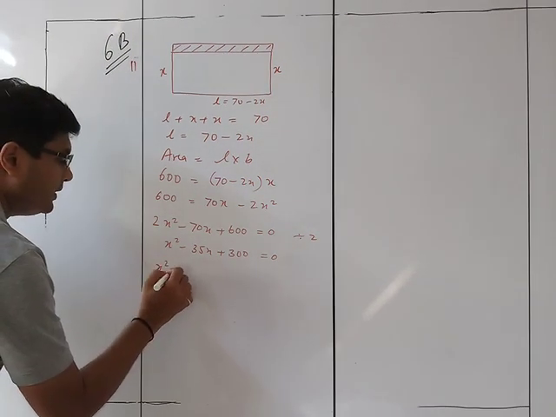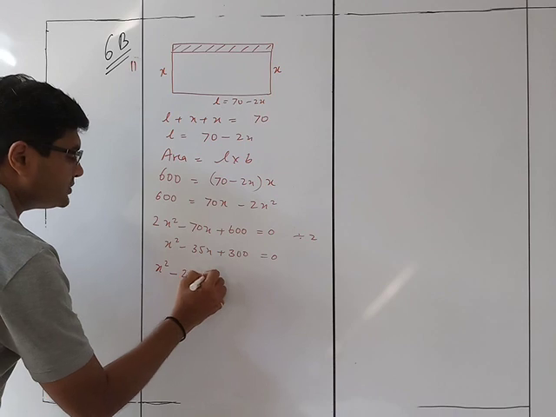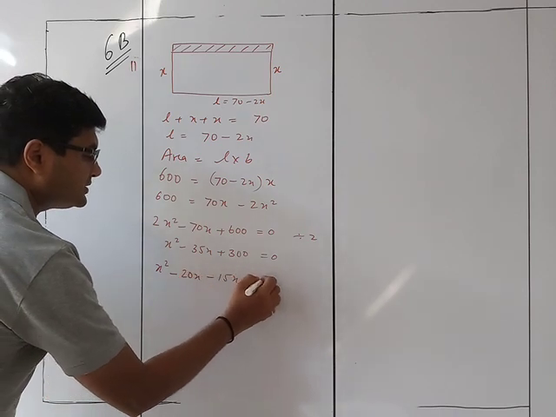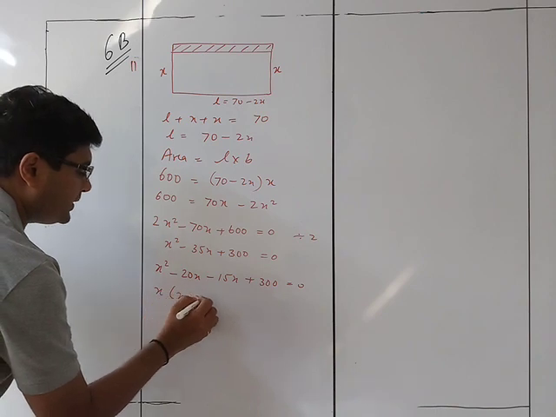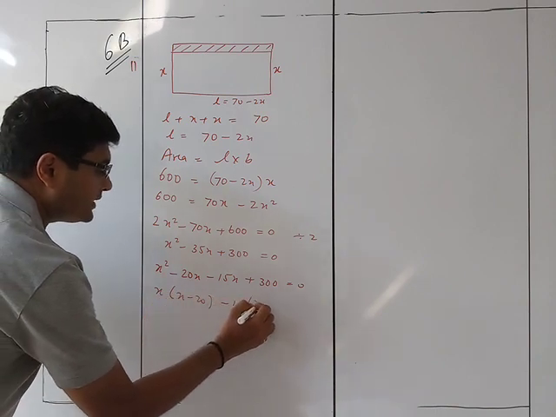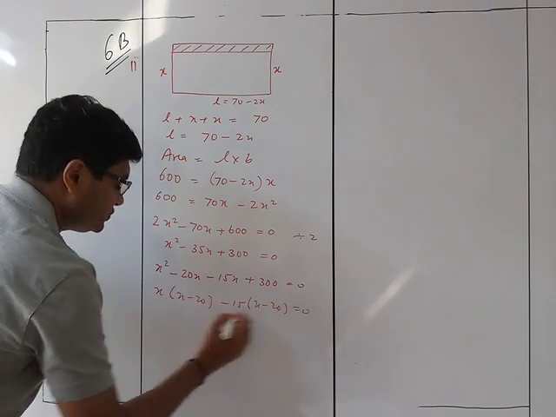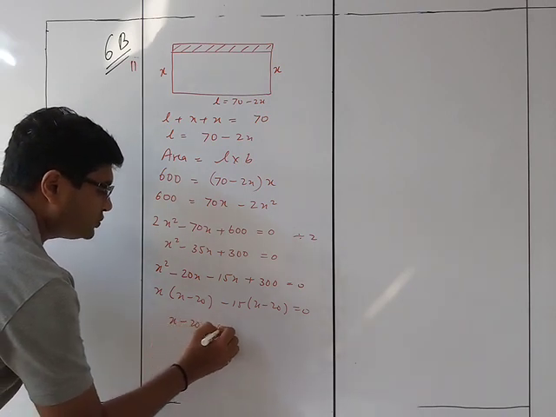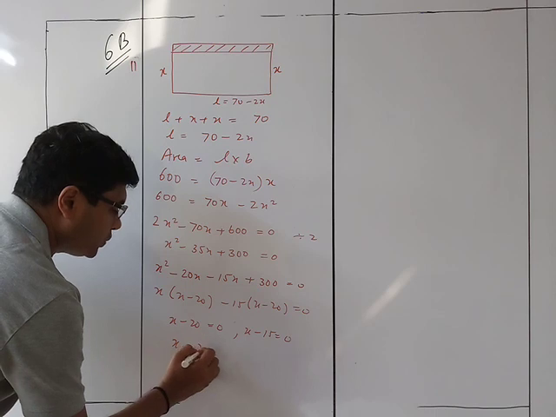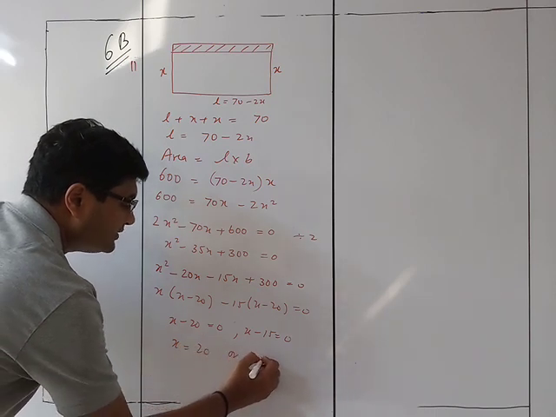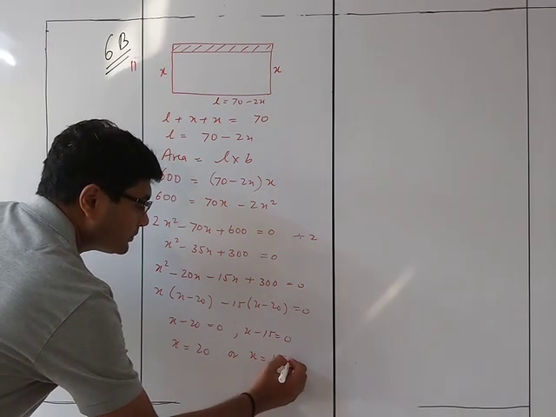So x square minus 20x minus 15x plus 300 is 0. x (x minus 20) minus 15 (x minus 20) is equal to 0. x minus 20 is equal to 0, x minus 15 is equal to 0. So x is equal to 20 or x is equal to 15 meters.